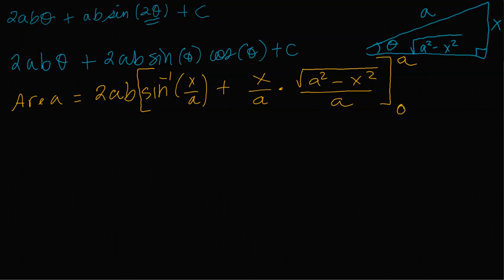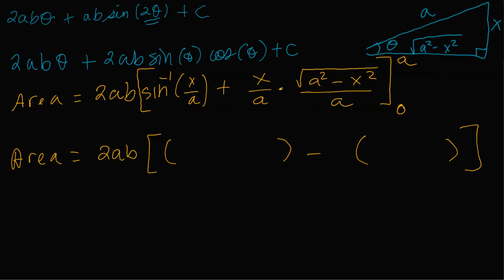Okay, so now we just have to go and do that evaluation. I'm going to keep 2ab here up front. I want to write parentheses, upper minus lower.